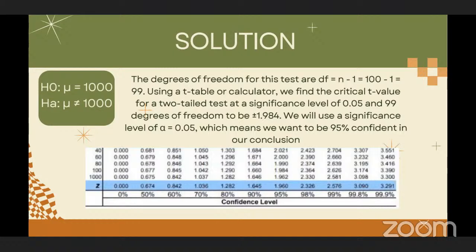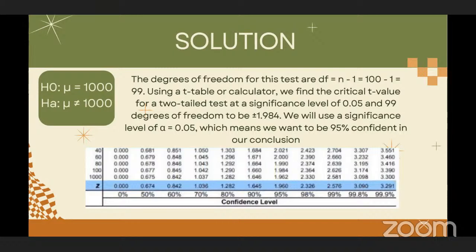We will use a significance level alpha of 0.05, which means we want to be 95% confident in our conclusion, as shown in the table below in the confidence level.